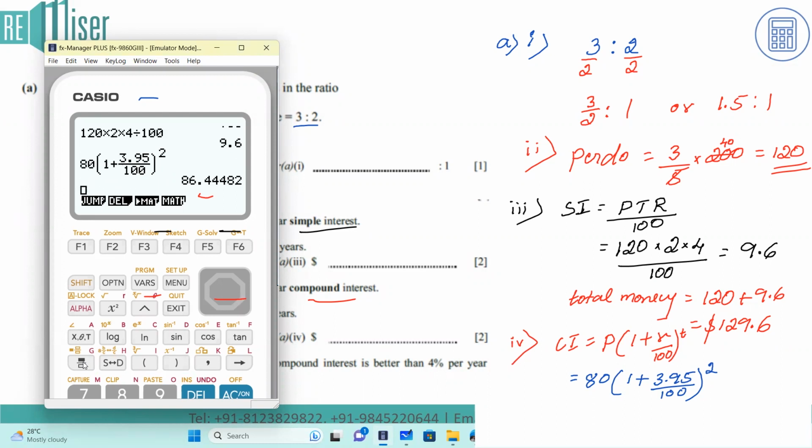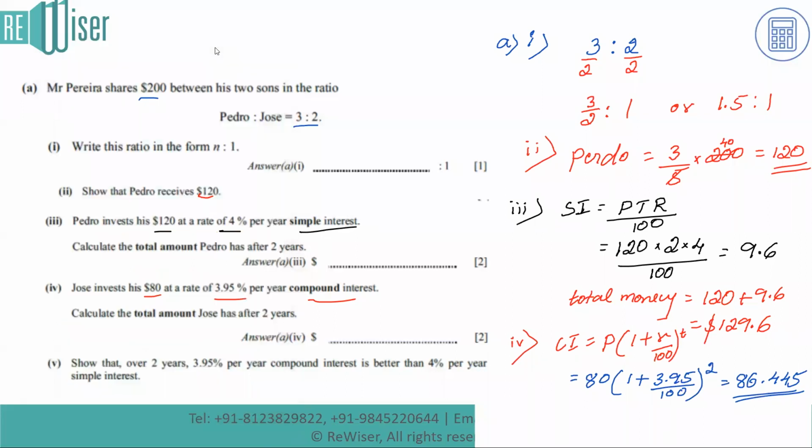And this gives us the result as 86.4448, or we can say it as 86.445, or it's completely fine to say it like 86.44. And this is the amount that he will be having after 2 years with this interest rate.